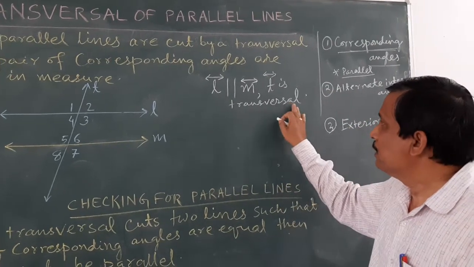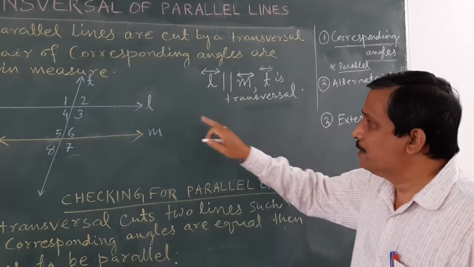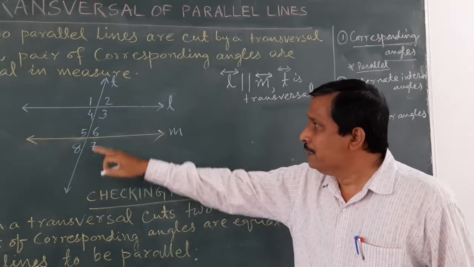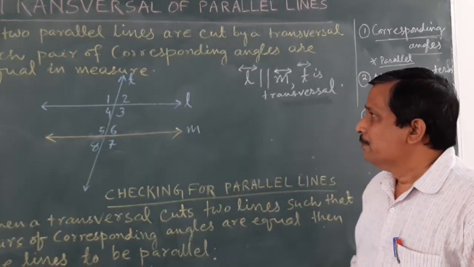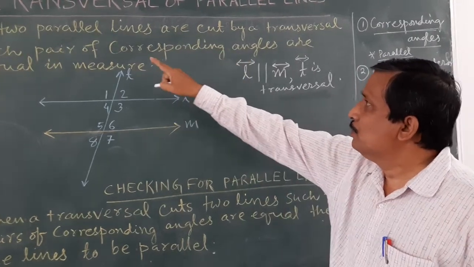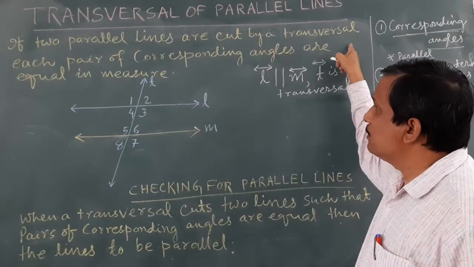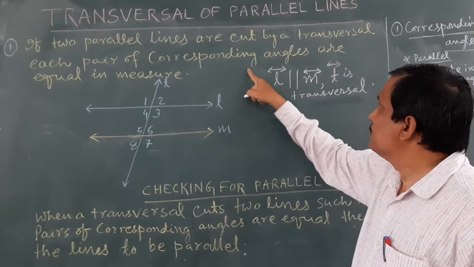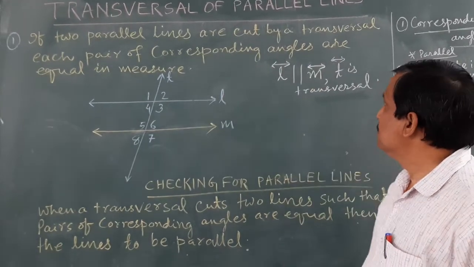So when a transversal line cuts two parallel lines, then you are getting here 8 angles. And in these 8 angles, the first theorem is, if two parallel lines are cut by a transversal, each pair of corresponding angles are equal measures.